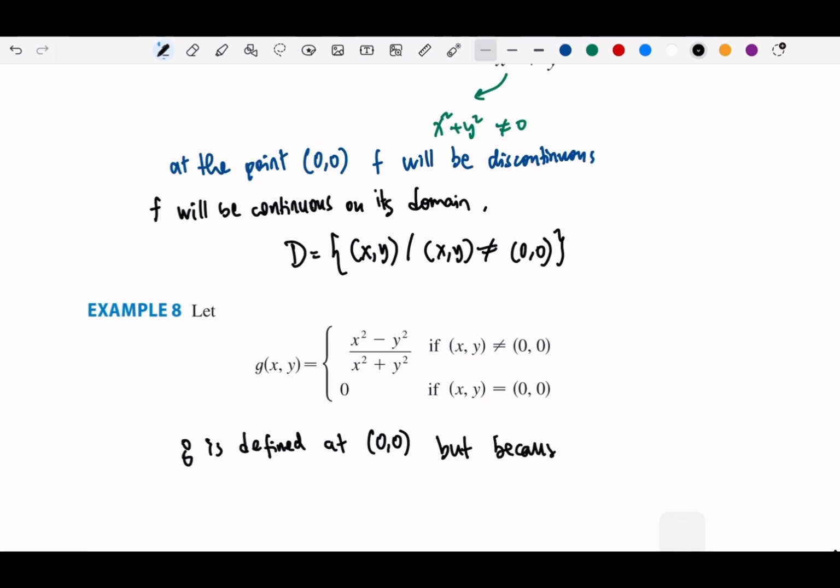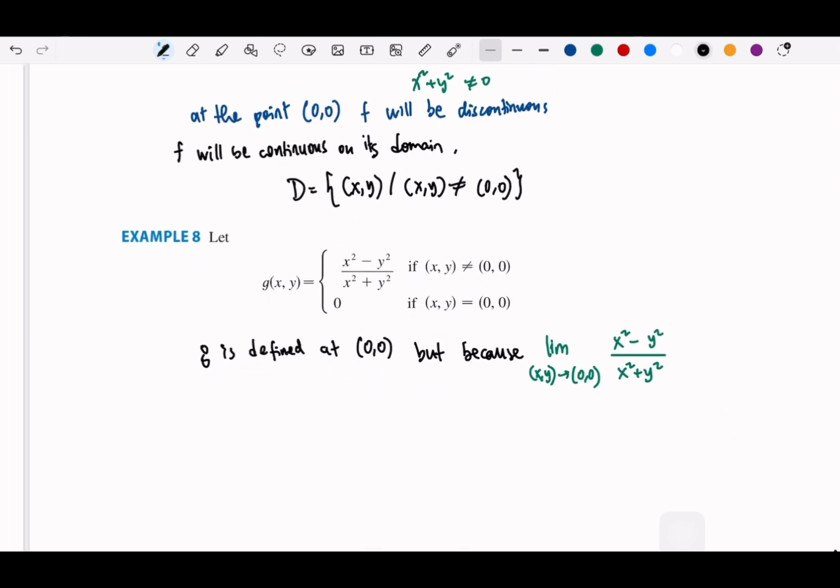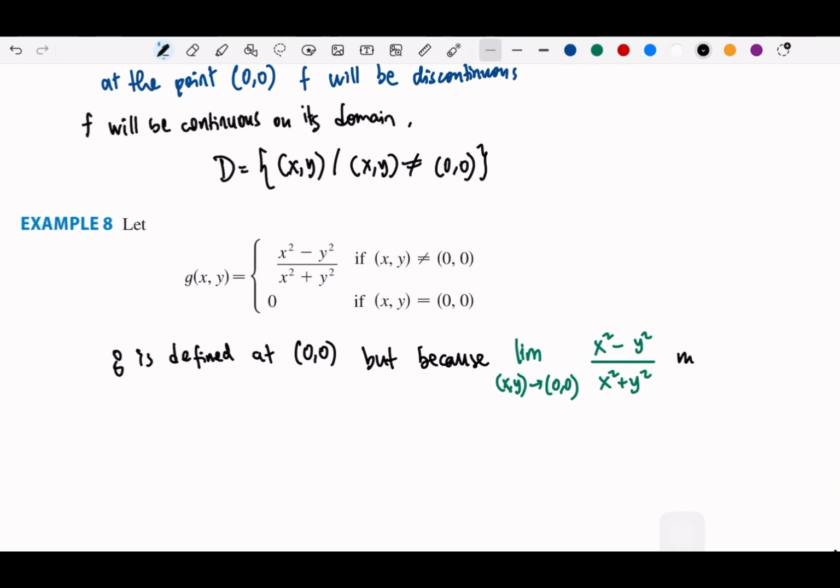because the limit as xy approaches 0, 0 of this x squared minus y squared, this is the same as the previous example that I've shown, but because this does not exist, then G is still discontinuous.